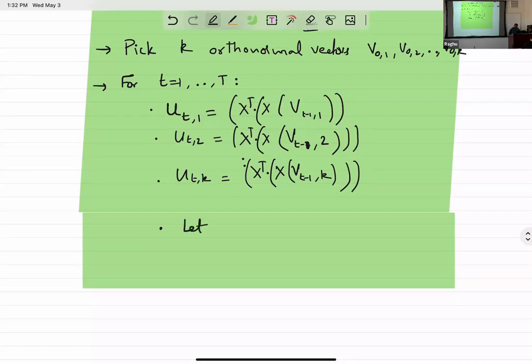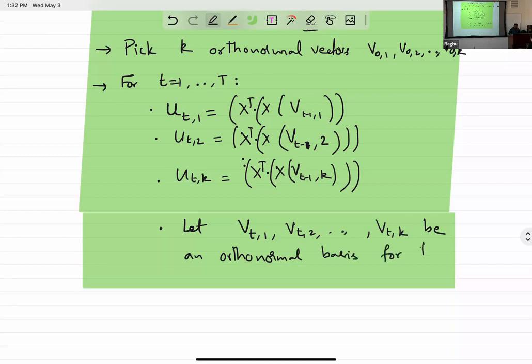So let Vt1, Vt2, and so on up to Vtk be an orthonormal basis for the span of these vectors.